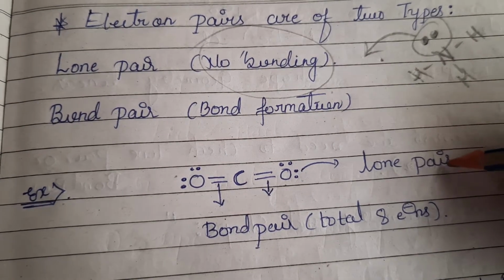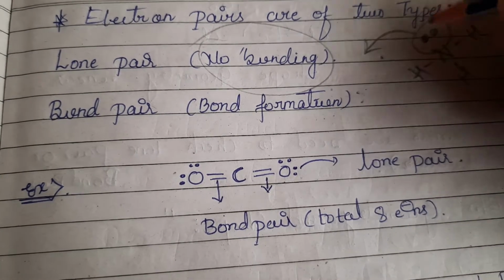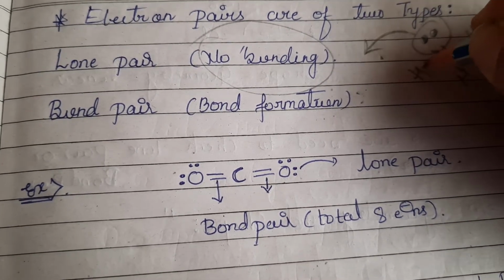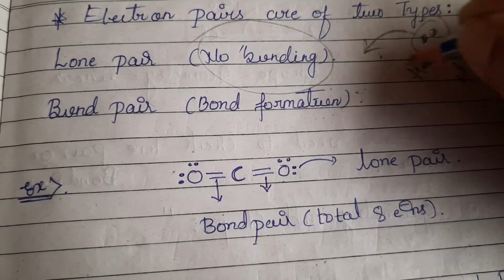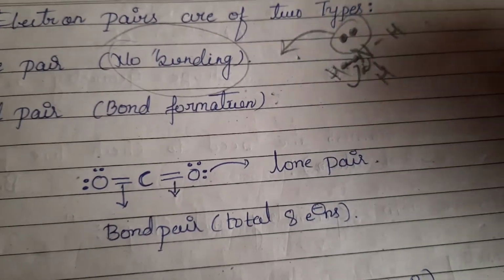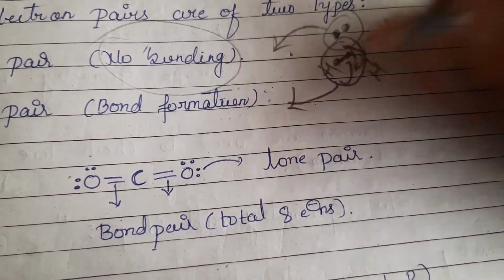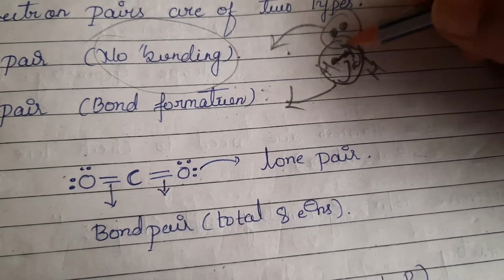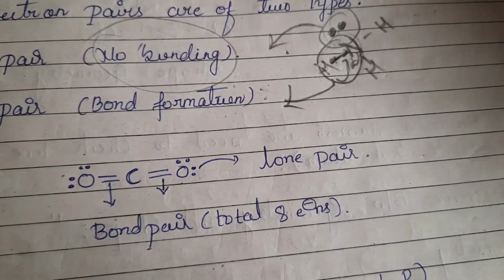Then the second type is the bond pair. A bond pair is nothing but, we have hydrogen atoms bonded to nitrogen with 2 electrons each. Hydrogen has given 1 electron, nitrogen has also given 1 electron here. So this N-H bond is considered to be a bond pair of electrons. Like this, we have lone pairs and bond pairs of electrons in a molecule.